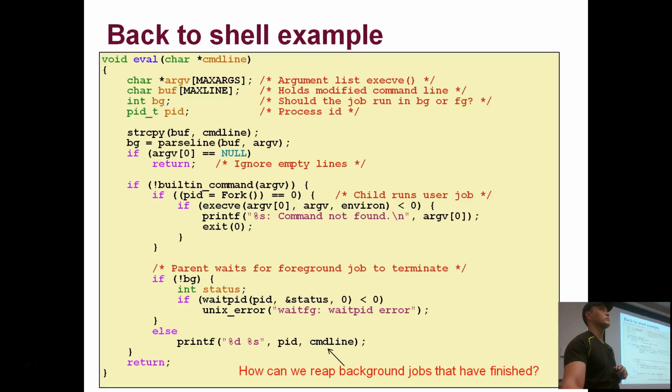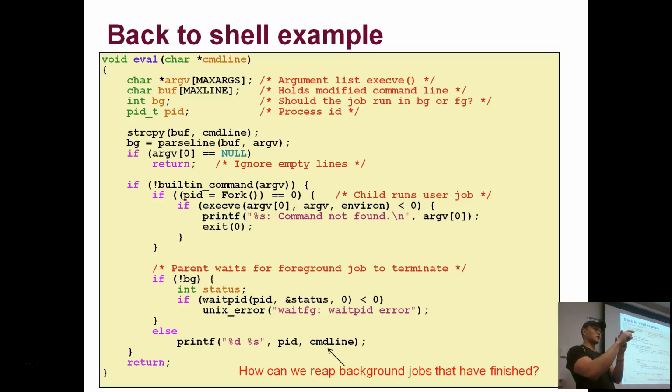Which signal do you want to install the handler on? Probably child. SIGCHLD, yep. And what do you want to do when you get a SIGCHLD? Probably poll the child, see if it's trying to exit or if somebody else is trying to kill it. SIGCHLD means that I already died.